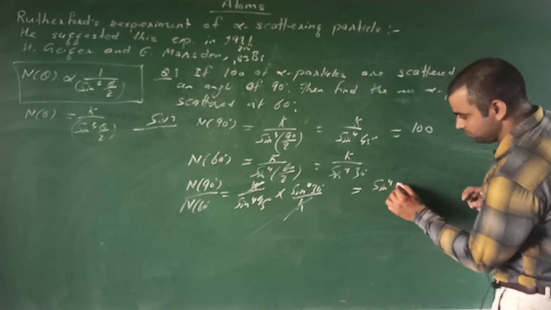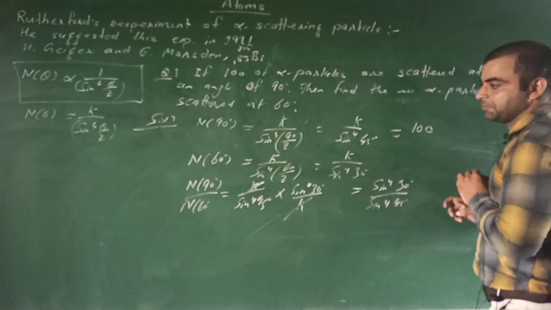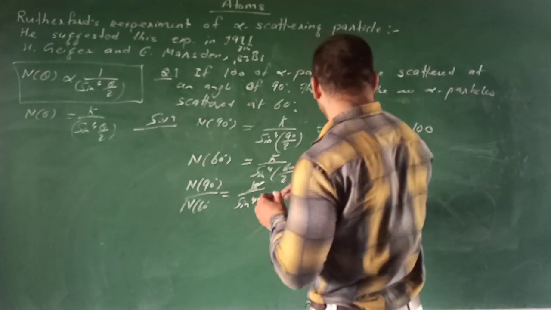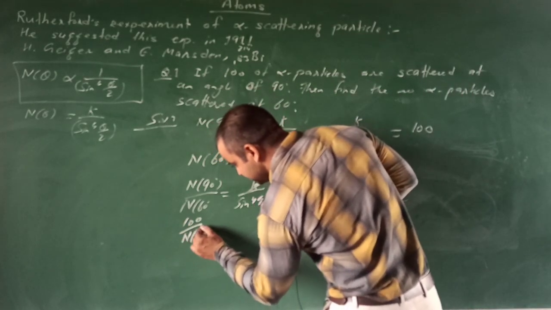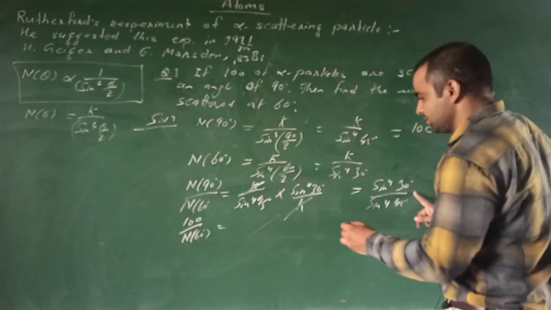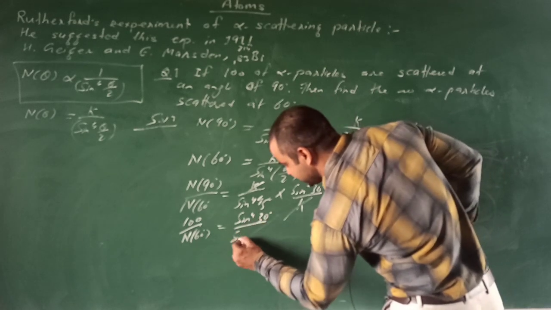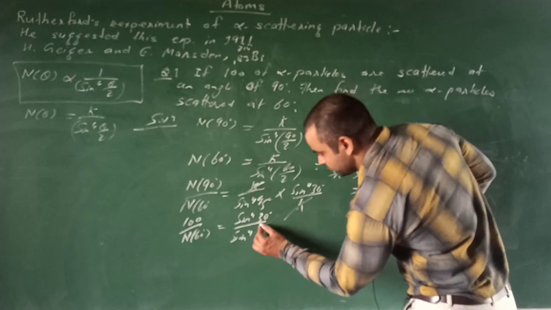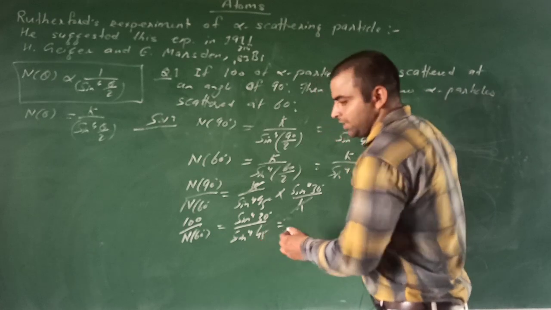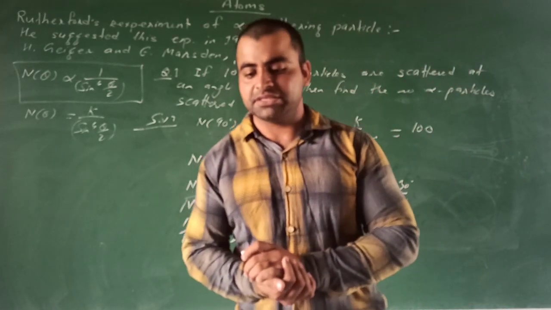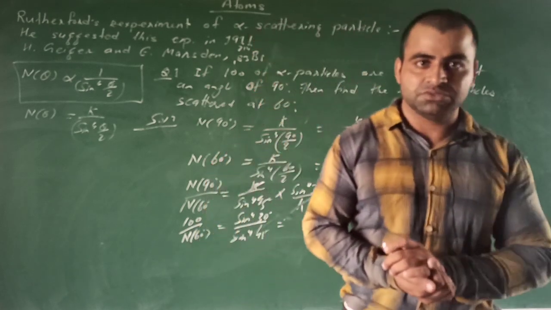Sin raised to 4 of 30 degrees by sin raised to power 4 of 45 degrees. And the value of N at 90 is given as 100, so N at 60 will be 100 into sin raised to power 4 of 30 degrees by sin raised to power 4 of 45 degrees. Write the values of sin 30 degrees and sin 45 degrees. Solve it and find the values.